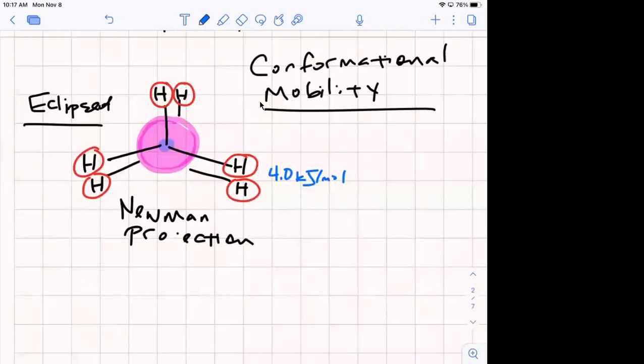Now let's think about that. There are 3 sites that are overlapping, so it's going to be 4 for each one.